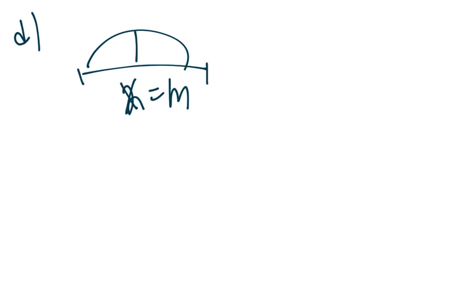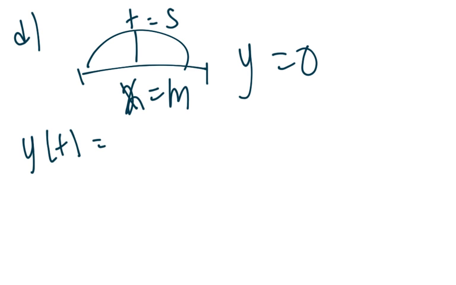For D, it is asking us to find the time to hit the floor and find the range. So we want to know y equals 0, and we want to know the time in seconds. So we use the equation y(t), y initial plus velocity of y times time plus our gravity.